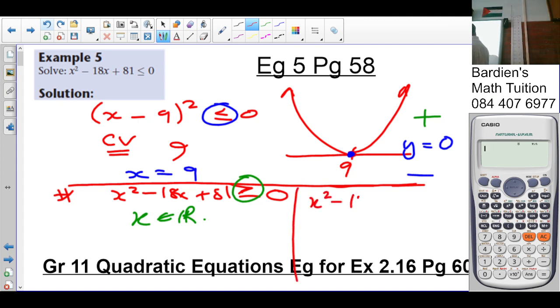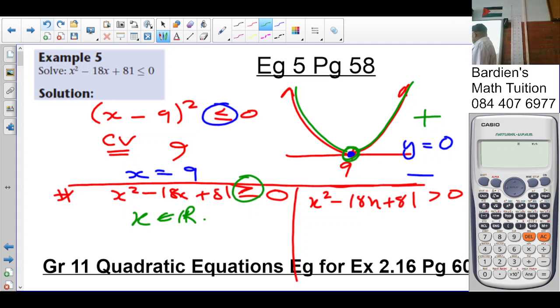Where is x squared minus 18x plus 81 greater than 0? So again, we're going to look where it is positive. So that part is greater than 0 and this part is greater than 0. But what happens here? At that point it is equal to 0. Does that satisfy the inequality?